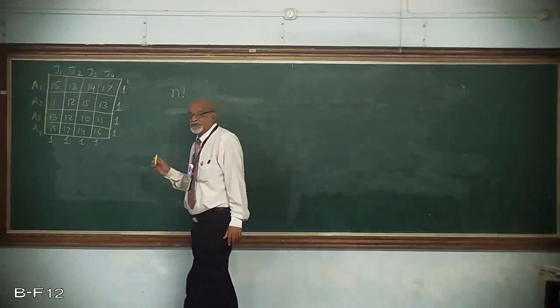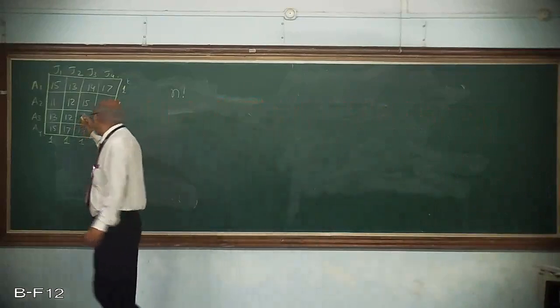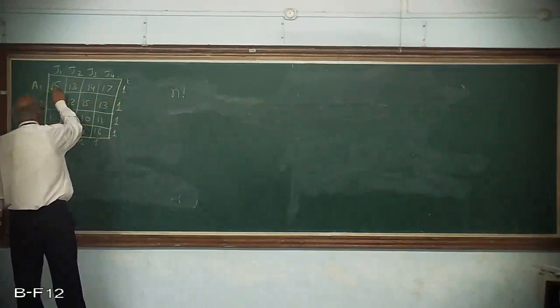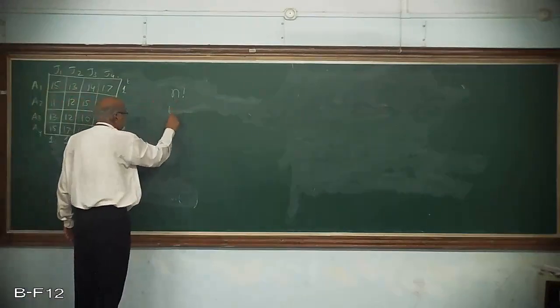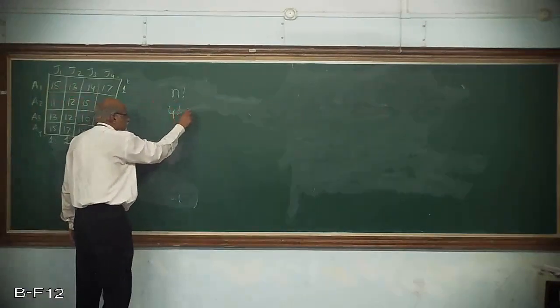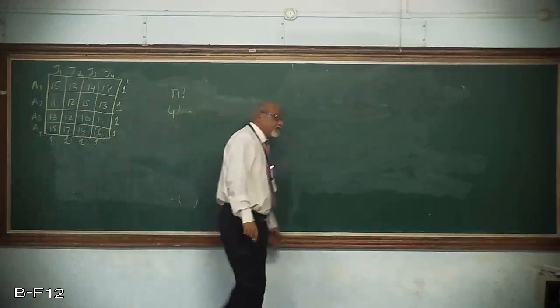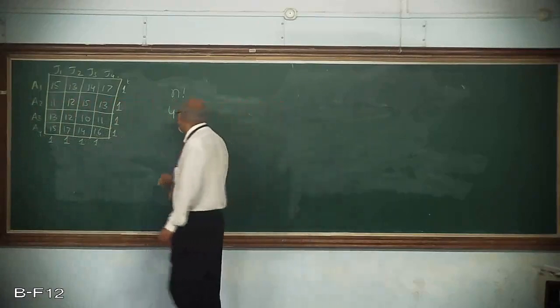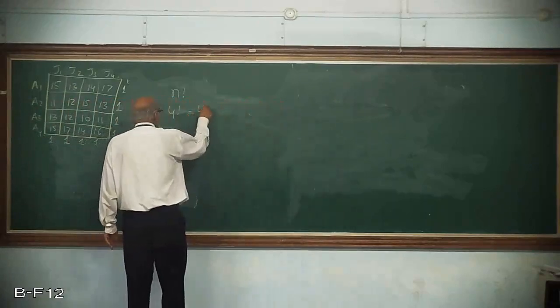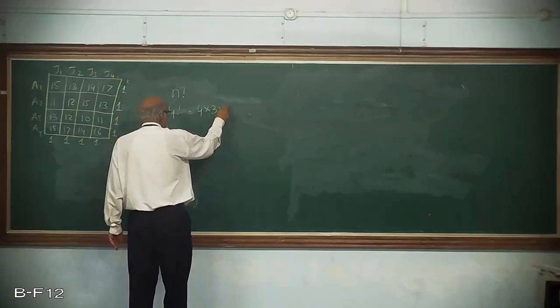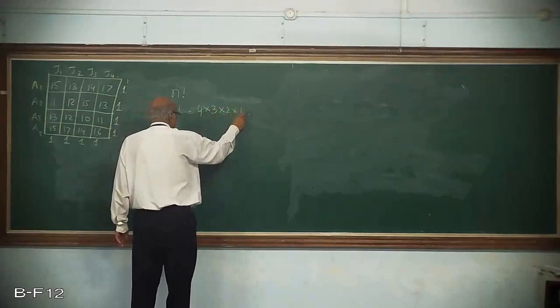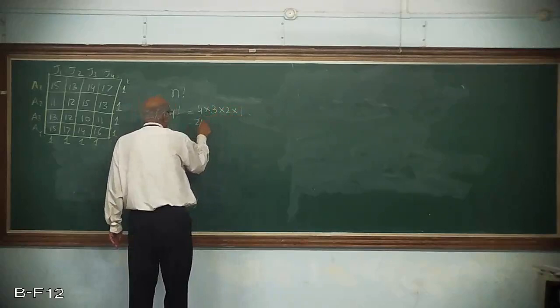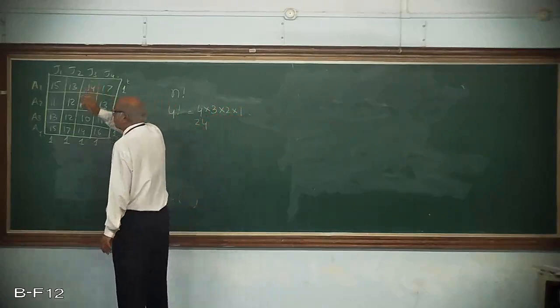So factorial n. Here n is 4, that means 4 factorial ways. That means 4 into 3 into 2 into 1, so there are 24 ways.